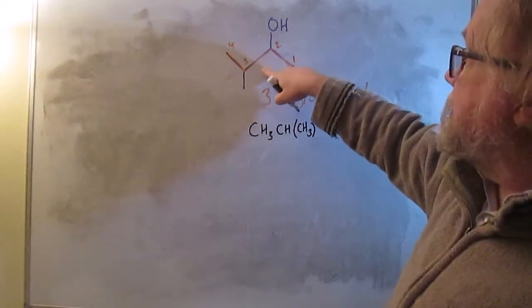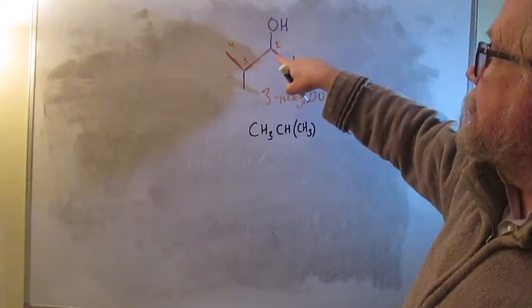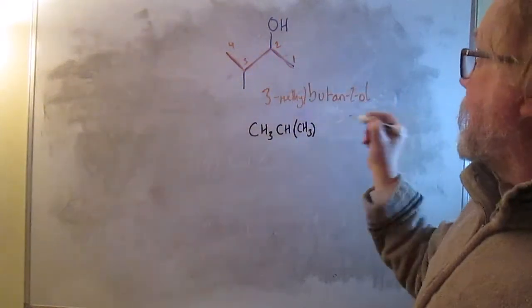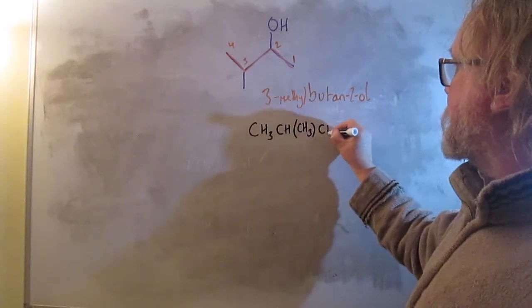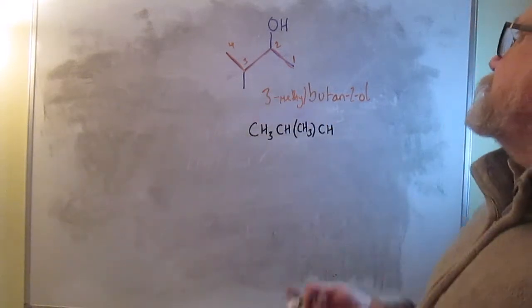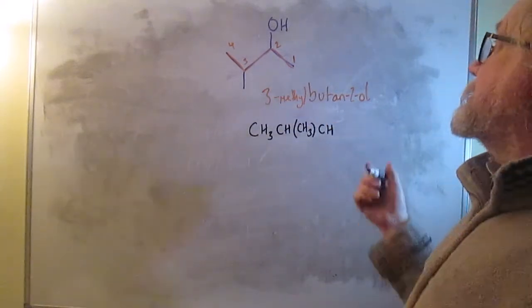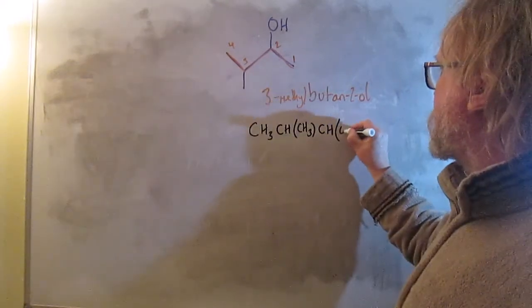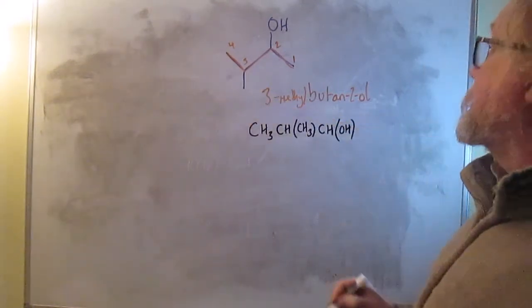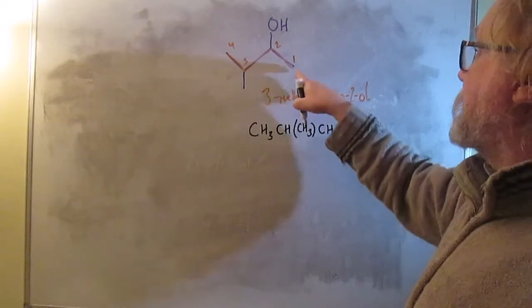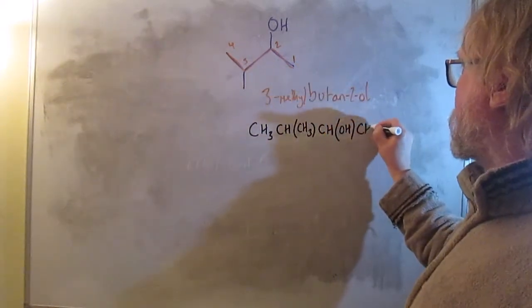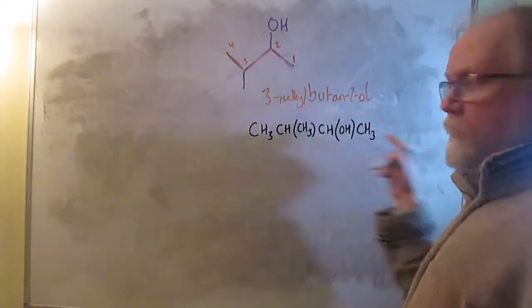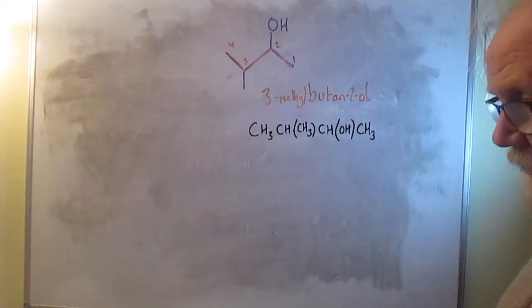This one again is going to be CH because you can see it's got 3 bonds drawn, so there's just one hydrogen left over, so CH. And then the OH doesn't really need to go in brackets, but you may as well put it in brackets because I think it just makes it a little bit clearer what's going on. And then we've got the CH3 at the end. So there are a number of ways to write the structural formula, but that would be fine for one of them.